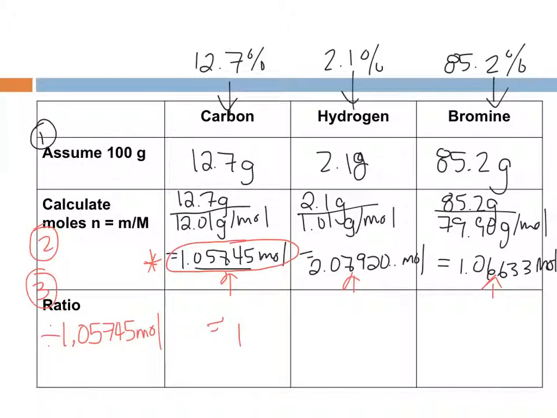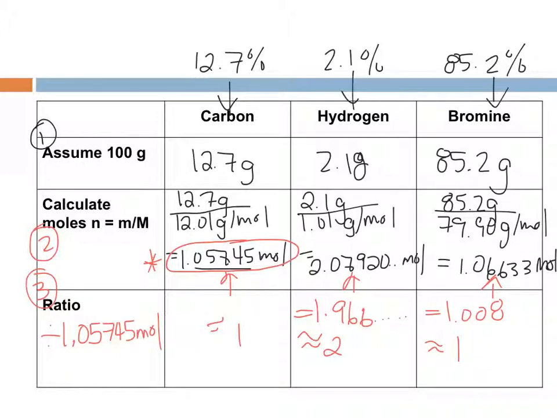If you take 2.07920 and divide it by 1.05745, you get 1.966, and so on, which is approximately 2. And finally, if we take 1.06633 divided by 1.05745, you get 1.008, which is approximately 1.